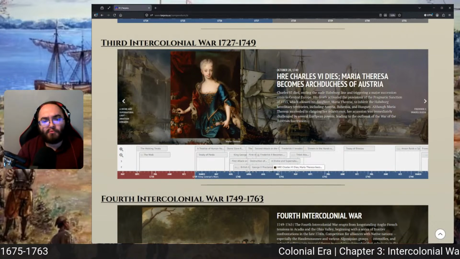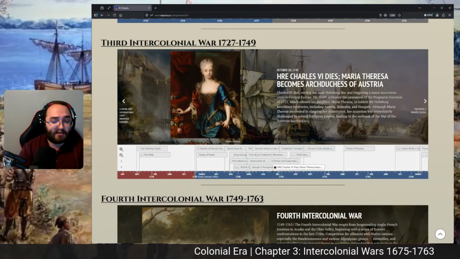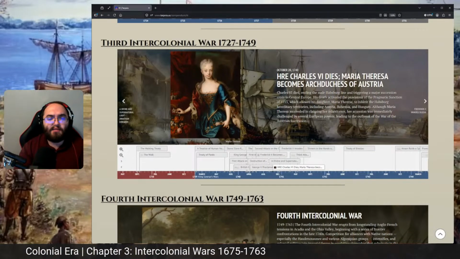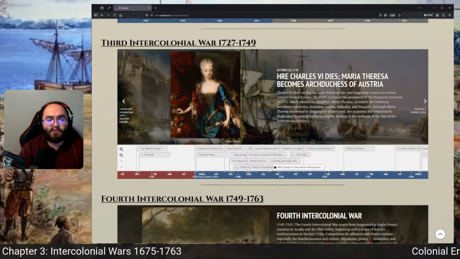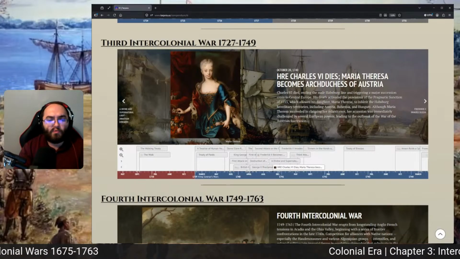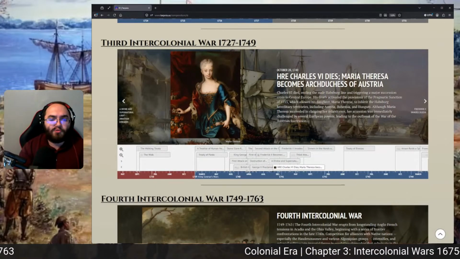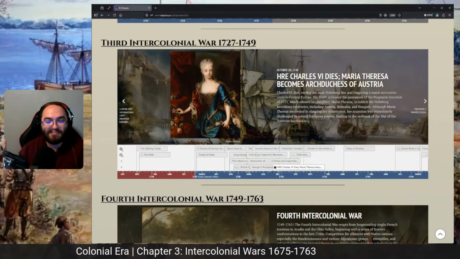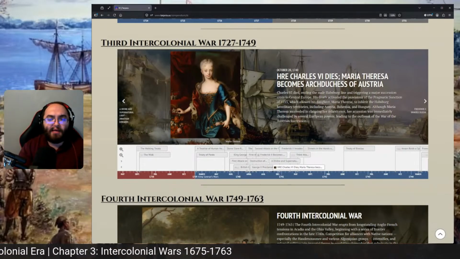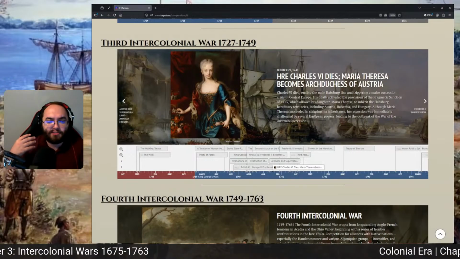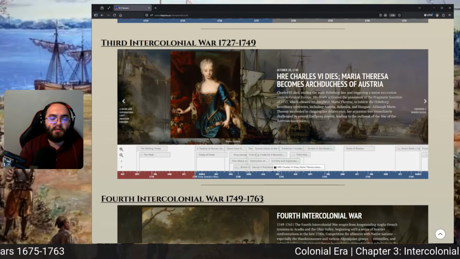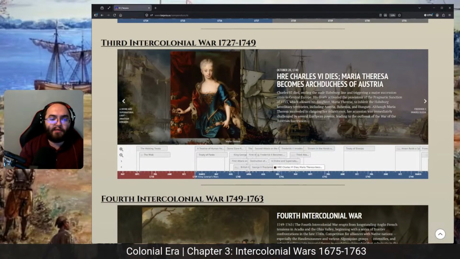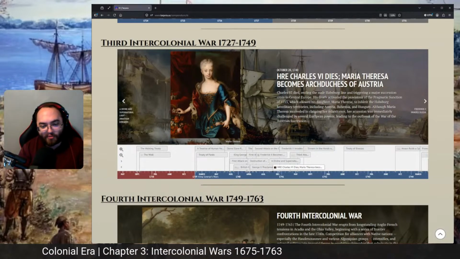The Holy Roman Emperor Charles VI dies, and he's also the Austrian guy, and he issues that the Austrian Empire, Austria, will go to Maria Theresa. She will become the Archduchess of Austria. And this is going to cause a succession crisis, the Austrian succession crisis, which will lead to King George's war with the French.